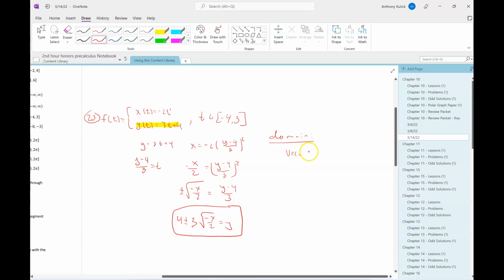So the vertex, again, to find that is -b over 2a. So that's just going to be 0 over 2 times -2, still 0. So my x of t there is going to also be 0.